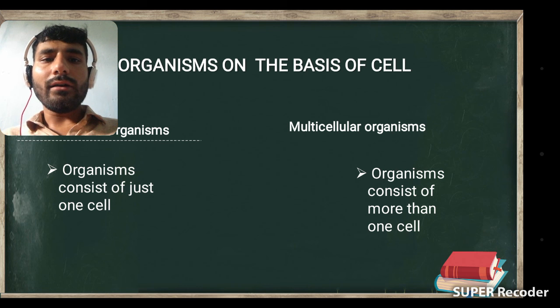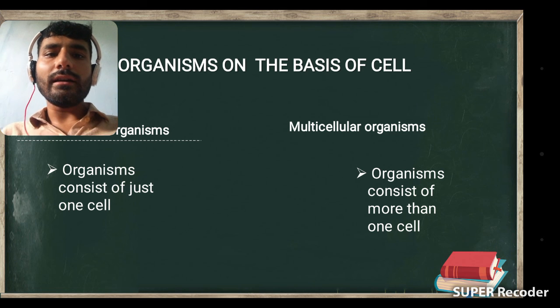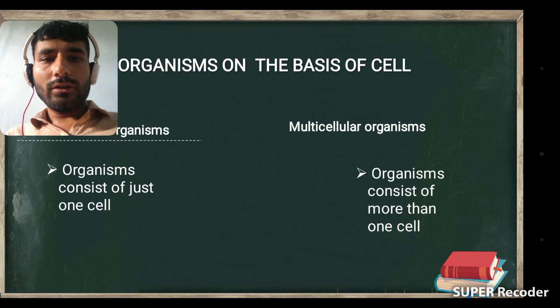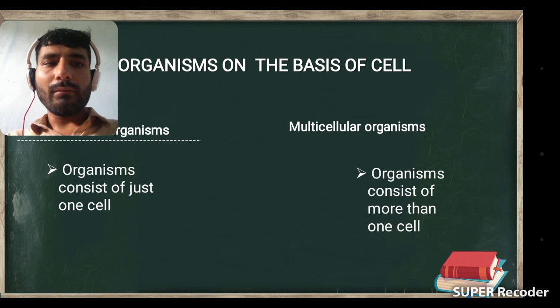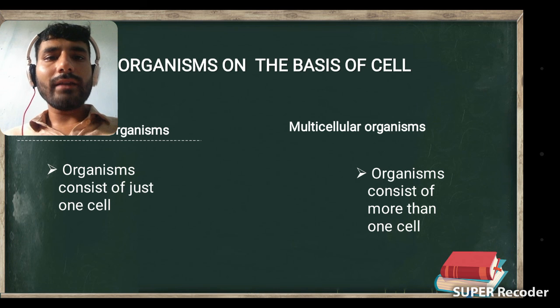So organisms whose body consists of just one cell are known as unicellular organisms. On the other hand, organisms consisting of more than one cell are known as multicellular organisms. Two types: unicellular with a one-cell body, multicellular with a many-cell body.